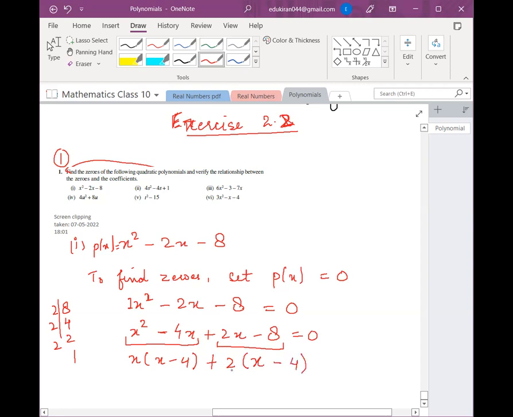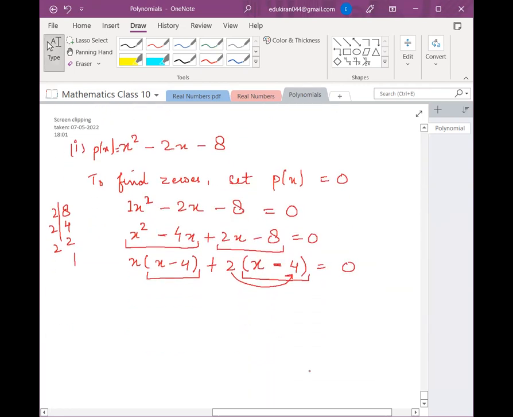Because when I multiply 2 into 4, I'll get 8, isn't it? And I have a minus sign here. Now see, this also has x minus 4 and this also has x minus 4, right? So you can take x minus 4 common from both the terms. So x minus 4. Now from the first term, only x will remain, and then you have a plus sign here, and here only 2 will remain. So x plus 2. Clear?